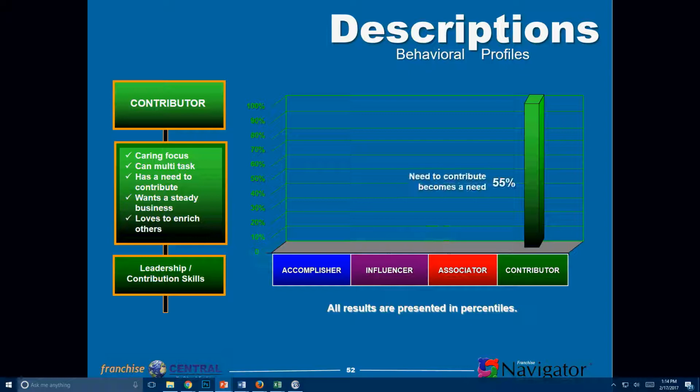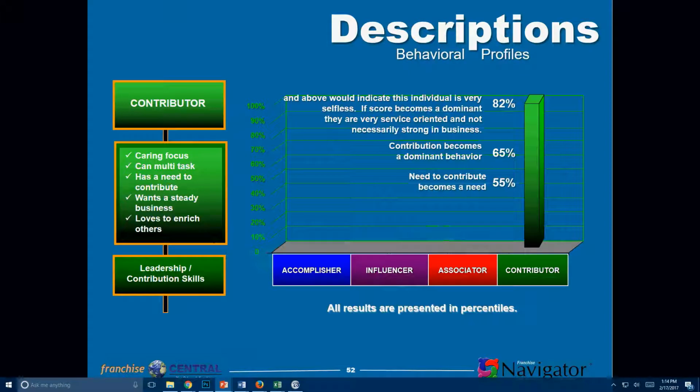It's not at the 45%, it's at the 55%. It's a little higher bar. What you'll find is that people below 55% really don't care about others. By the way, I wanted to share an interesting story about the associators, which, remember, was at 45%. Anybody with a very low associator score really doesn't care about people.